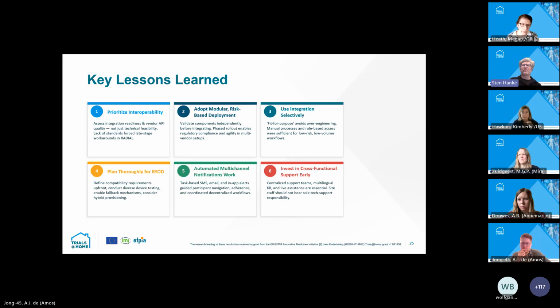The modular approach I talked about already in the architecture. Of course, in your selection of technology, you need to make sure that they provide the certain experience and also testing or validation of the technology in trials before. Use integration selectively.